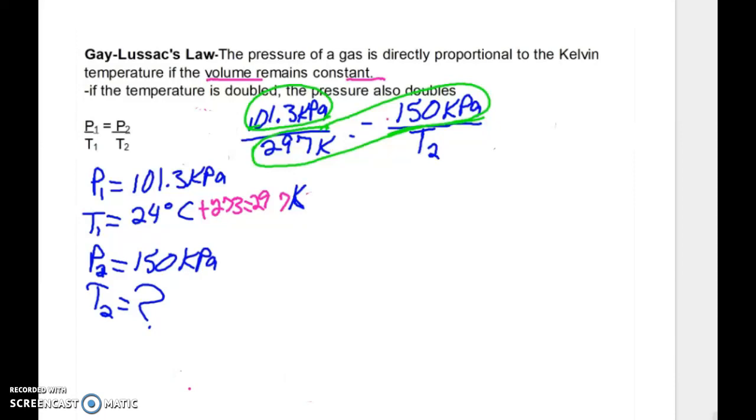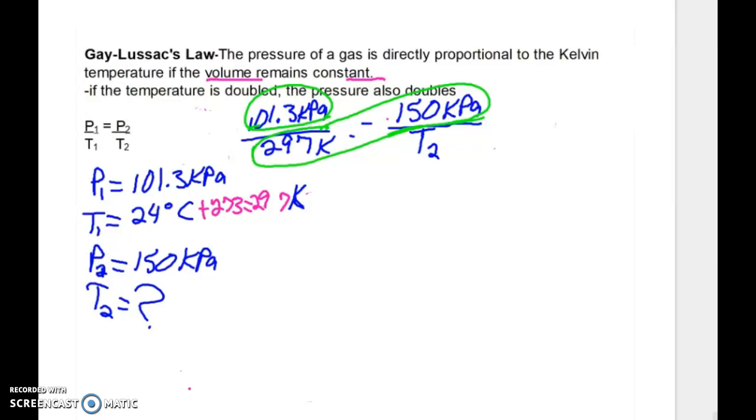Again, the volume has to remain constant because there's no place for volume in this equation. If the temperature is doubled, the pressure also doubles, because it's proportional, not inversely proportional. So if I'm given values, pressure 1 divided by temperature 1 is equal to pressure 2 divided by temperature 2.